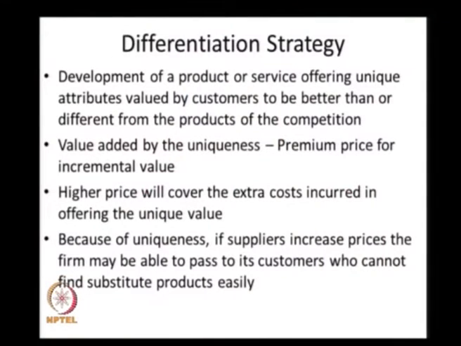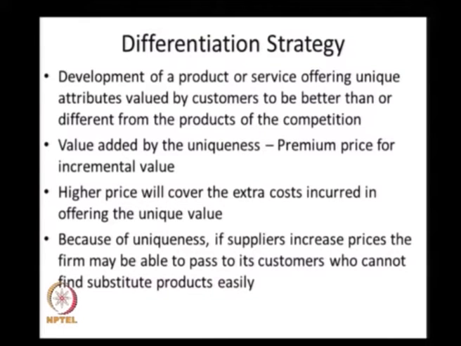And if there is a high cost in providing this uniqueness, it is the higher price that the firms are able to command because of this uniqueness that will take care of these higher costs that are incurred in offering this unique value.